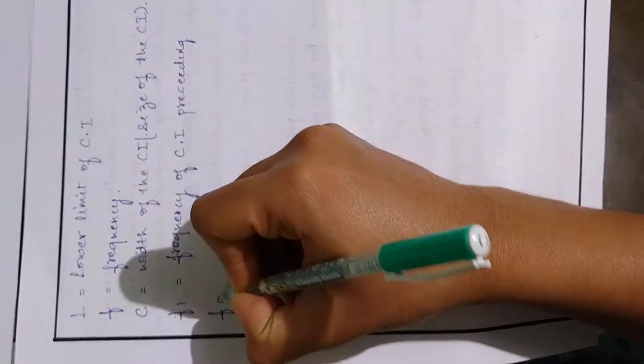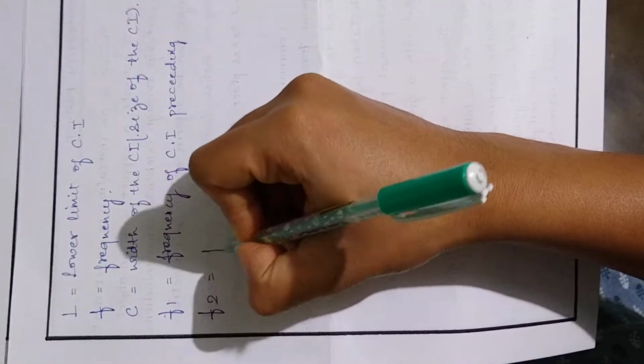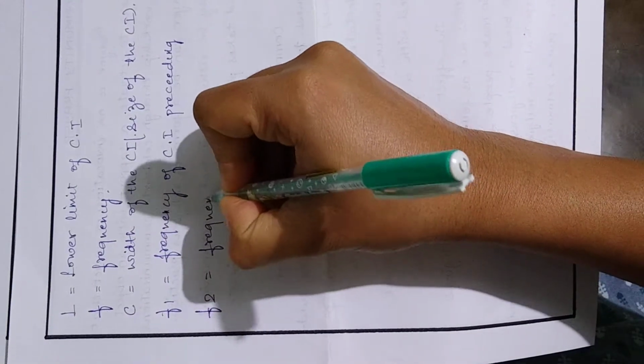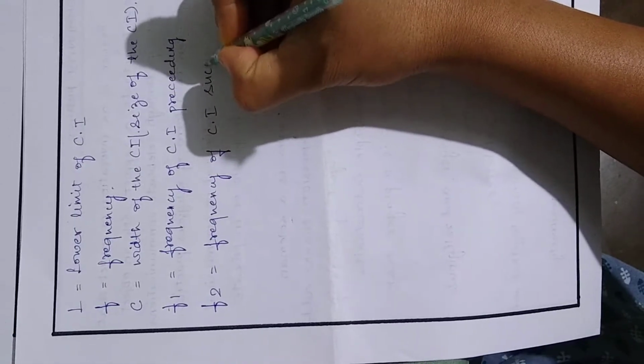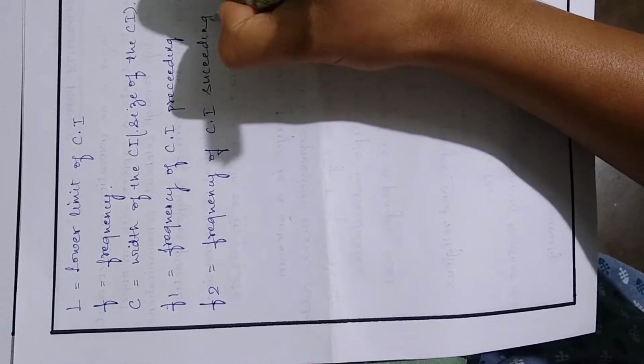The next, F2, is equal to the frequency of the class interval succeeding. Succeeding is nothing but the next item after the selected class interval. The previous item is called preceding.